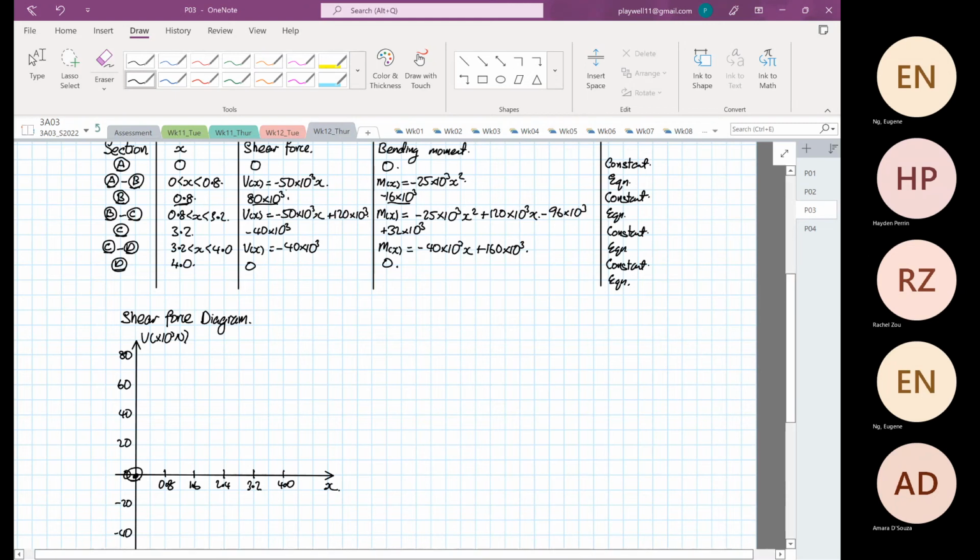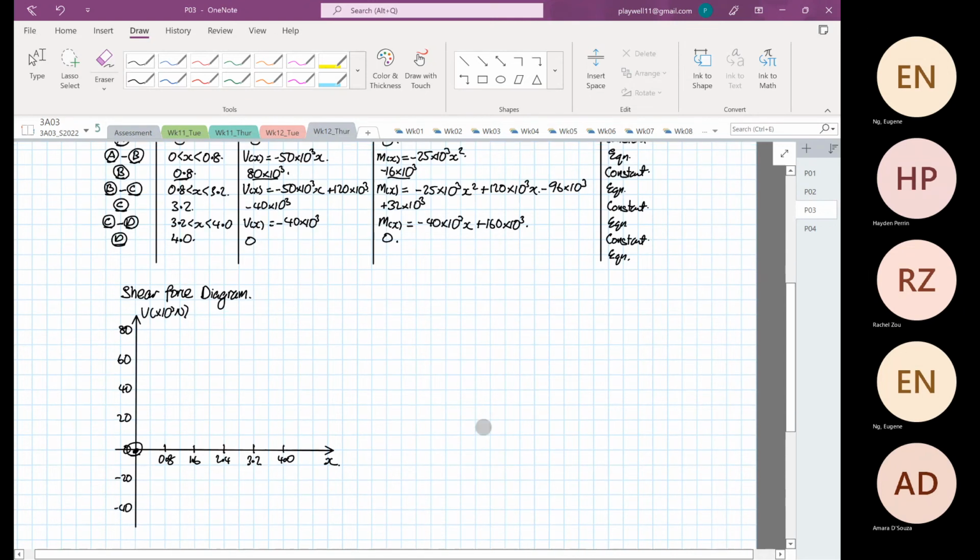From A to B, 0.8, we have a linear equation: minus 50 times 10 to the power 3 x.